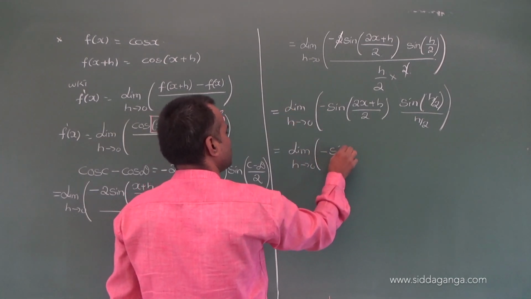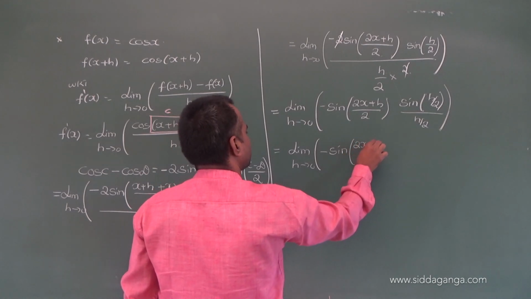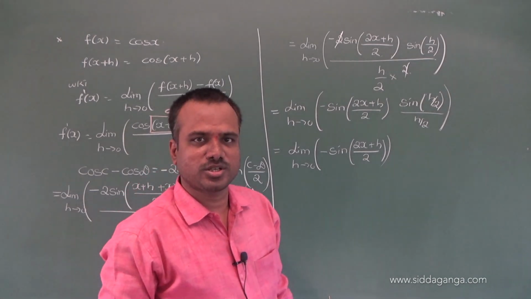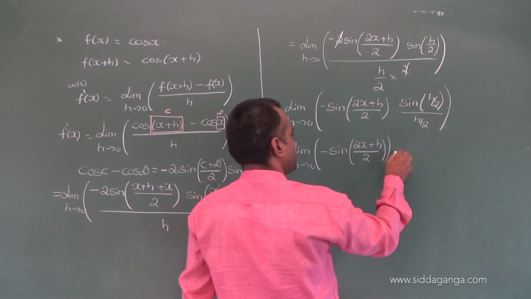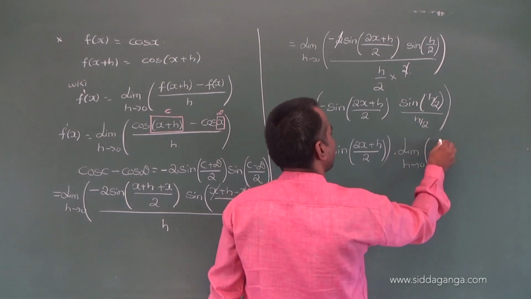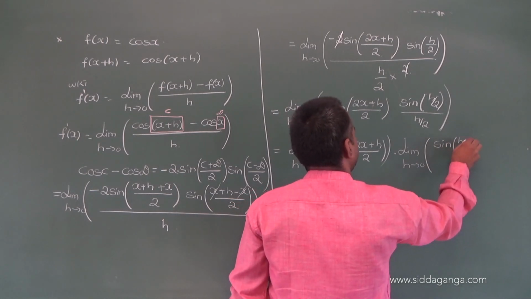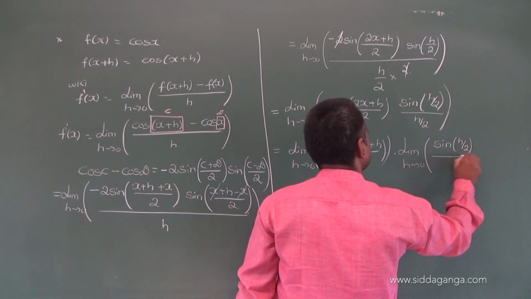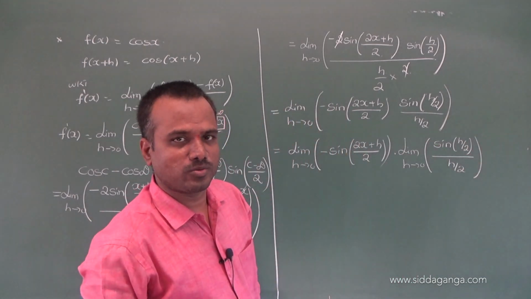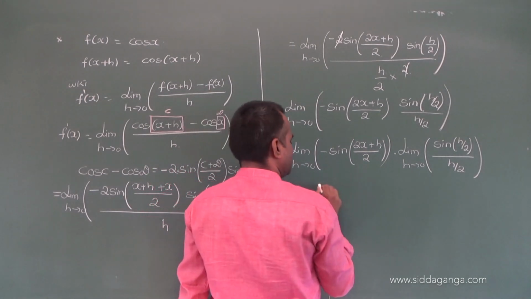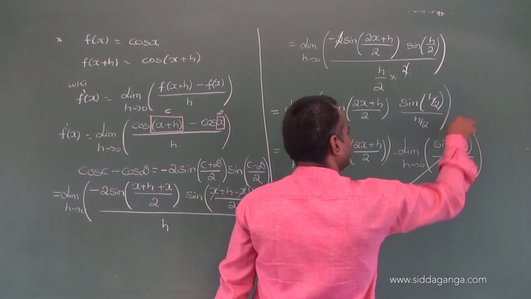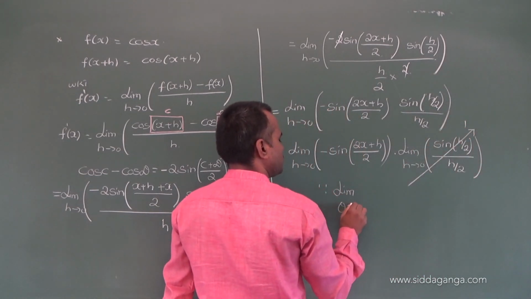Minus sine of (2x plus h) by 2, limit h tends to 0, sine h by 2 divided by h by 2. Since it is 1. Why is it 1? Limit theta tends to 0.